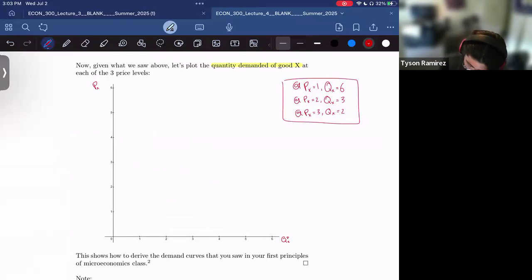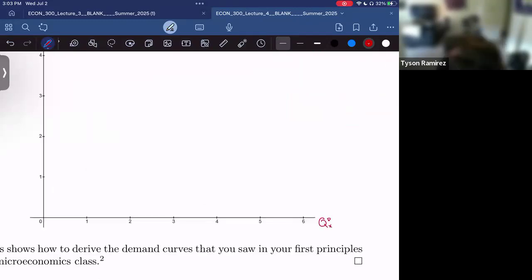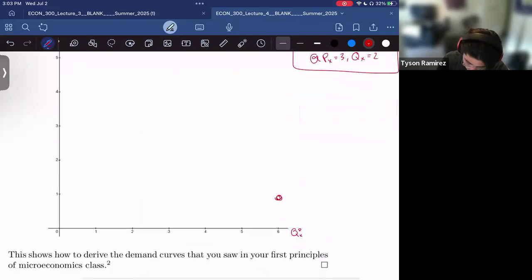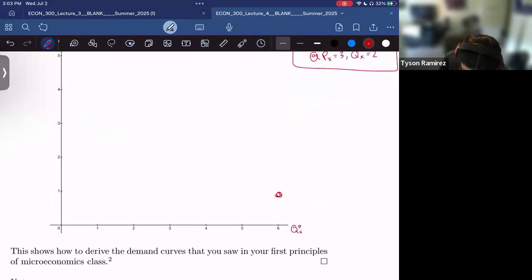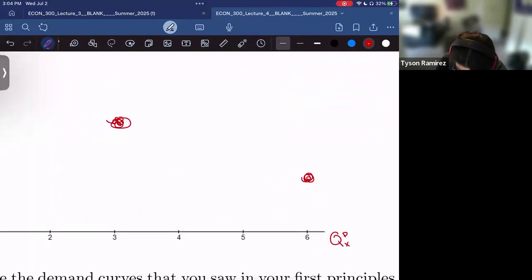When price is equal to 1, then the quantity is equal to 6, and we'd get a point something like this. And then when price is equal to 2, quantity is 3. Being exact is not so important.